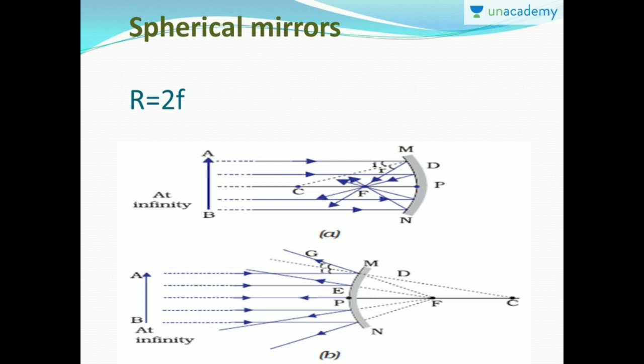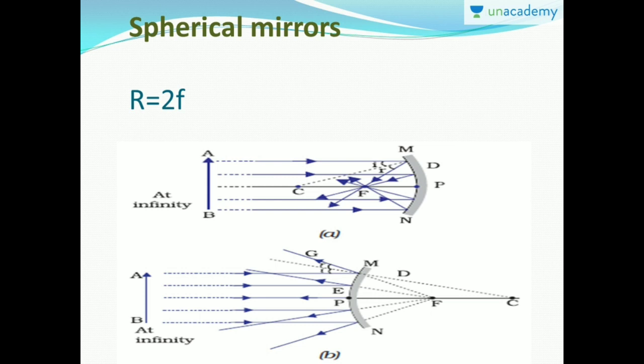Spherical mirrors. A spherical mirror is nothing but a part of a whole sphere, and C is known as the center of curvature. The center of curvature is basically the center of the sphere of which this mirror is a part. If you continue drawing the mirror, it will form a complete sphere.